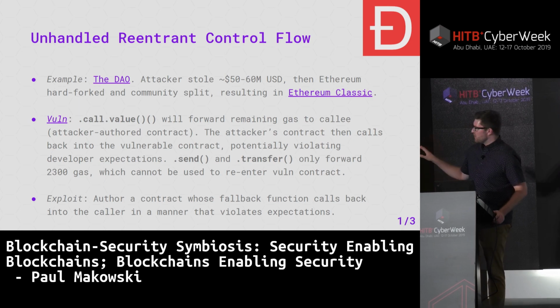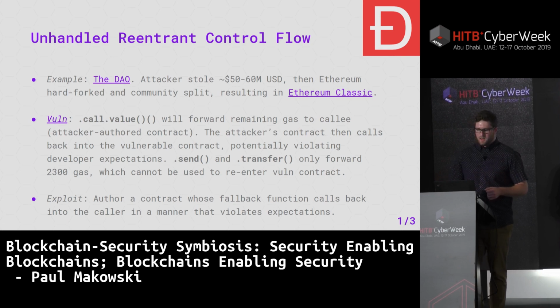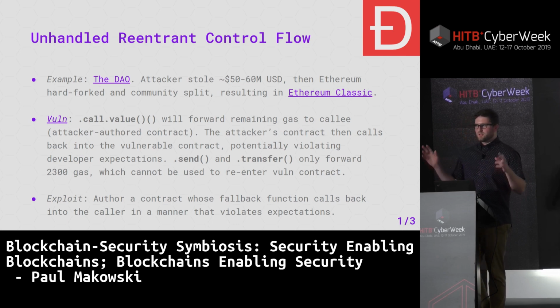Anyway, the DAO, this distributed autonomous organization, was backed by a contract on the Ethereum blockchain, and that contract was designed to govern how this organization would operate. Part of this contract was it allowed people to create child companies, child distributed autonomous organizations from it. And the vulnerability here was they used something called .call.value, which actually passed execution from the DAO contract to wherever it is that they're calling to.